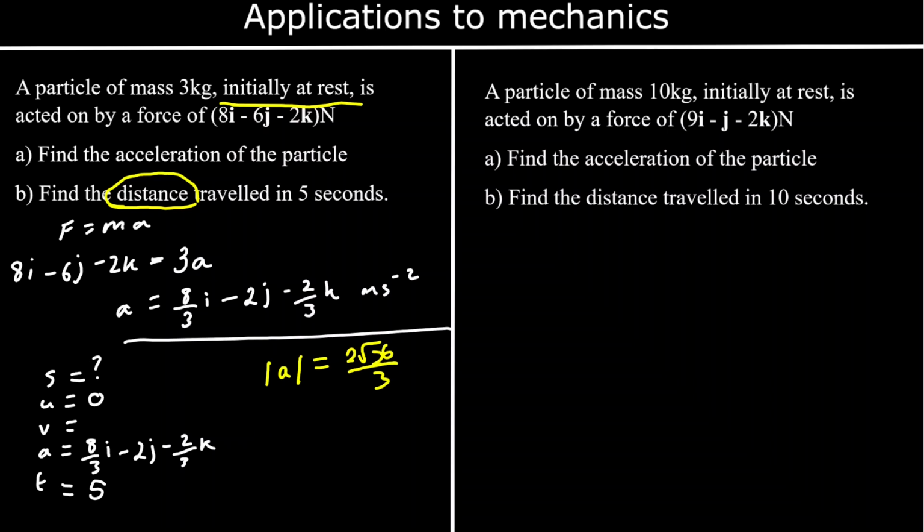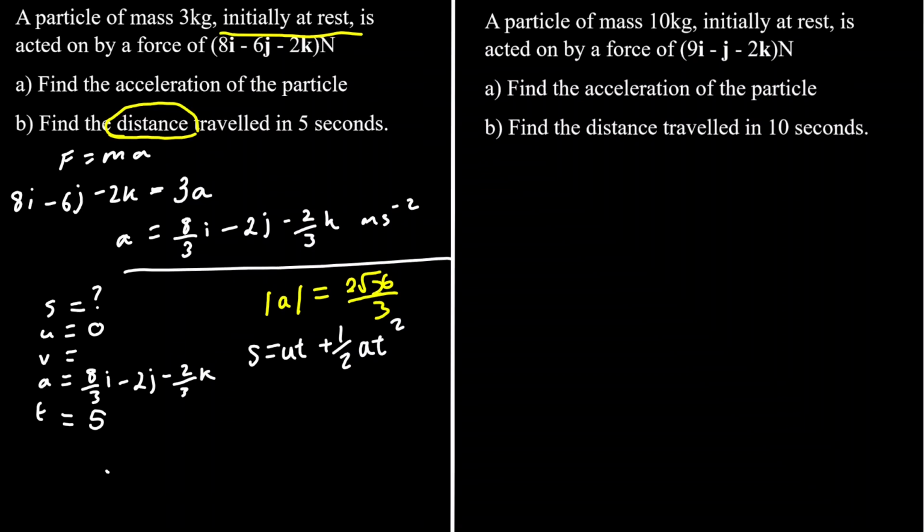And our formula that we're using is the one without v in it, which is s equals ut plus half at squared. So the displacement is u times t, which is 0, 0 times 5 is 0, plus half times the acceleration, 2 root 26 over 3, times t squared, 5 squared.